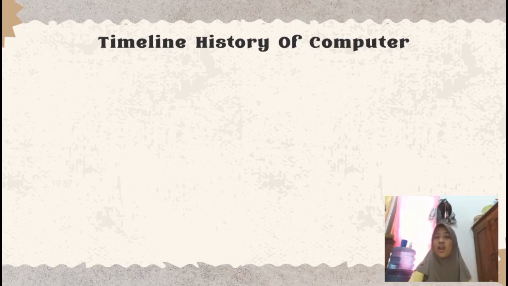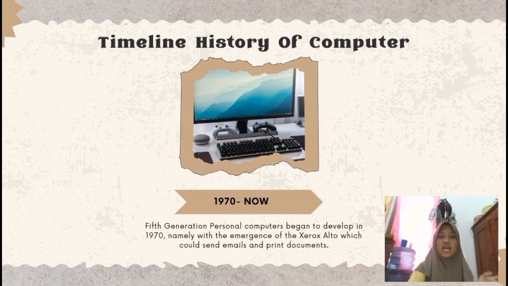The timeline story of computers in the last generation is the fifth generation. Until now, the fifth generation of computers, pioneered by Japan, has used very large-scale integration and artificial intelligence so that computers can solve problems on their own.